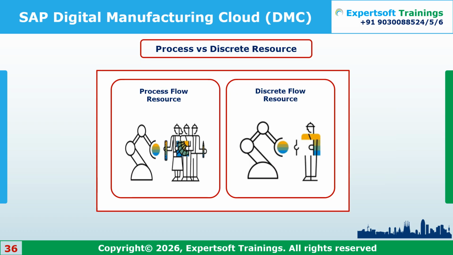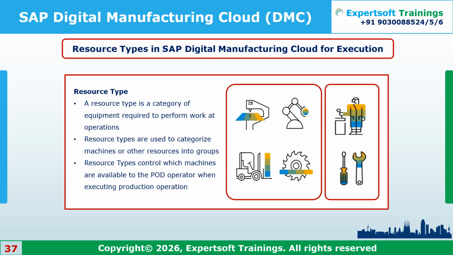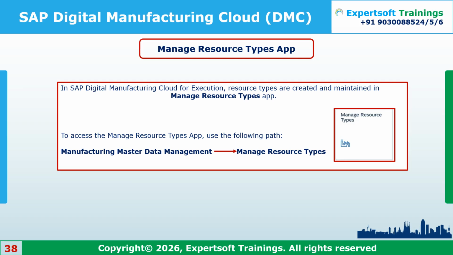Okay. So yeah, this is again the resources from the process and the discrete industry point of view. We have the different resource types, we already discussed it. And to define these resource types, we have the app called Manage Resource Types.